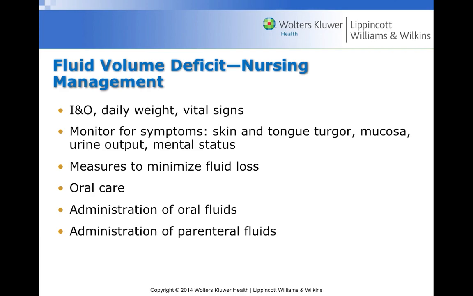Tongue turgor is not affected by age, and evaluating this may be more valid than evaluating the skin turgor, although it's rarely done. The degree of mucous membrane moisture is also assessed. Note that a dry mouth may indicate either deficit or someone who is mouth breathing.